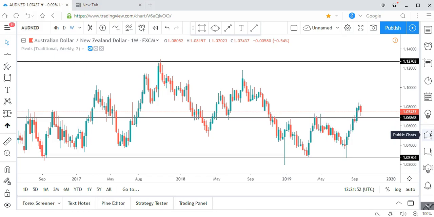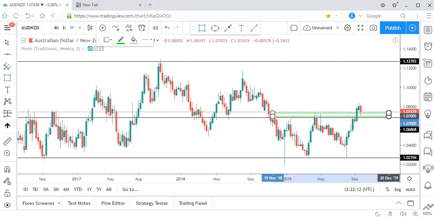So since that was a key resistance and price has broken above it, we need to be sure that price has totally closed above the key resistance. So let's plot what I call the shock absorbers. So we pick the rectangle tool and plot the shock absorbers. This will guide us to know when price has successfully broken through the key zone.